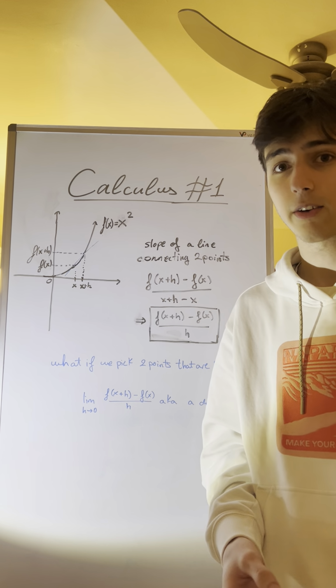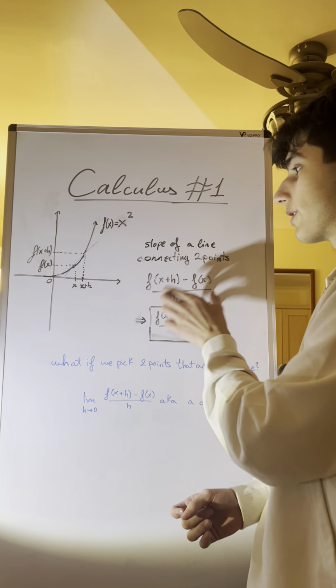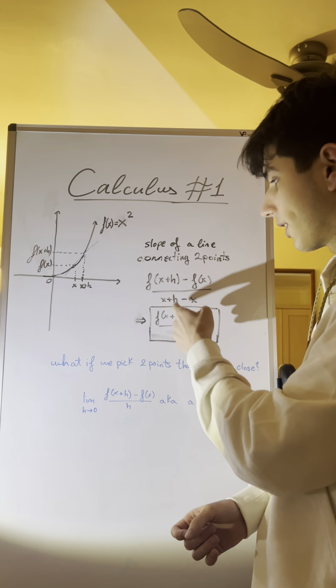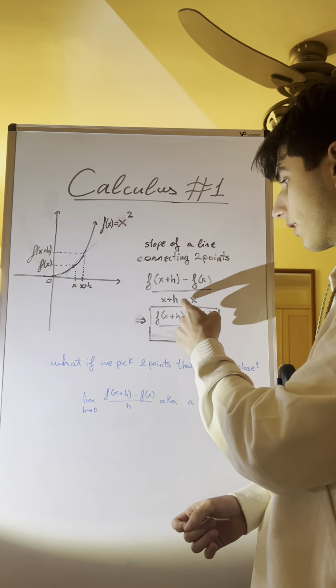So our two y values are f of x plus h and f of x, and that's on top, and then that's divided by x plus h minus x, so the difference in the x values. And so this is just the general formula, and we can simplify it a bit to get rid of the x's here. This is the general formula for finding the slope between 2 points.